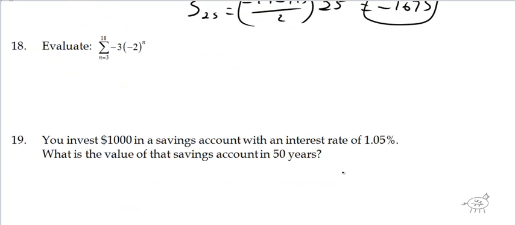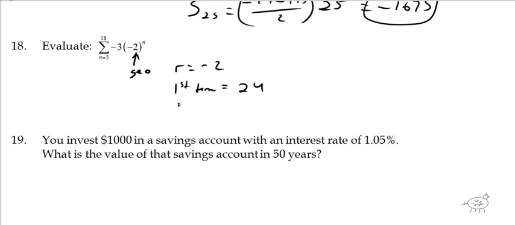Okay, number 18, you guys should recognize this as geometric. And so R is negative 2, first term. Well, first term is plugging a 3 into there, so it's negative 2 cubed is negative 8 times negative 3 is positive 24. That's your first term.